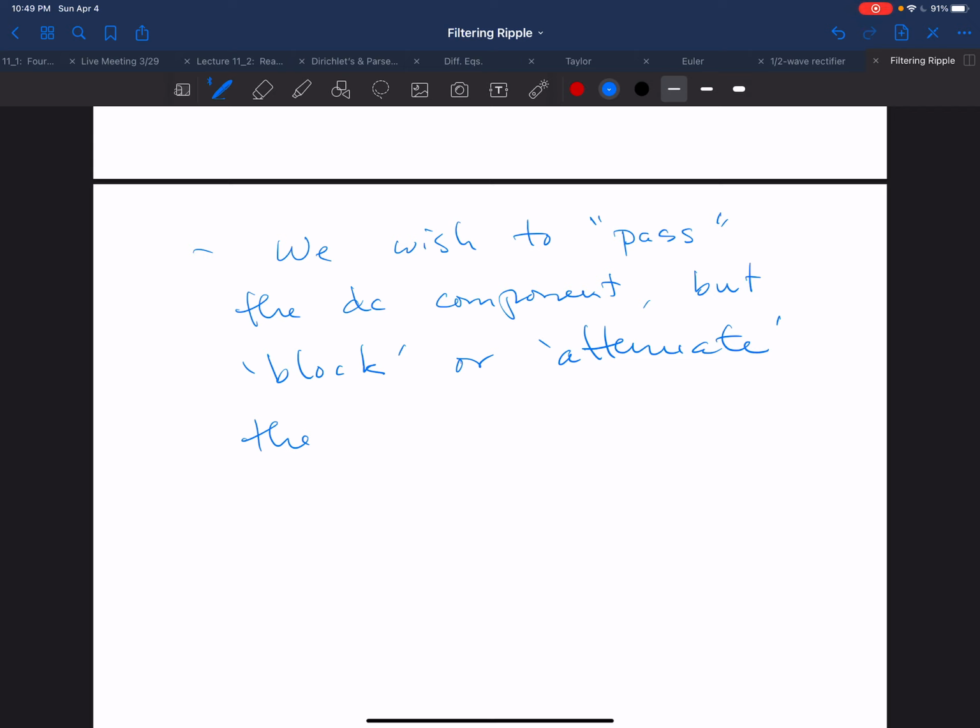The most troublesome one is the largest one, and the lowest frequency one is at twice the frequency of the input signal. So that'll be 2 pi 2 over T, 4 pi over T, or 2 omega, where omega was the angular frequency of the input signal.